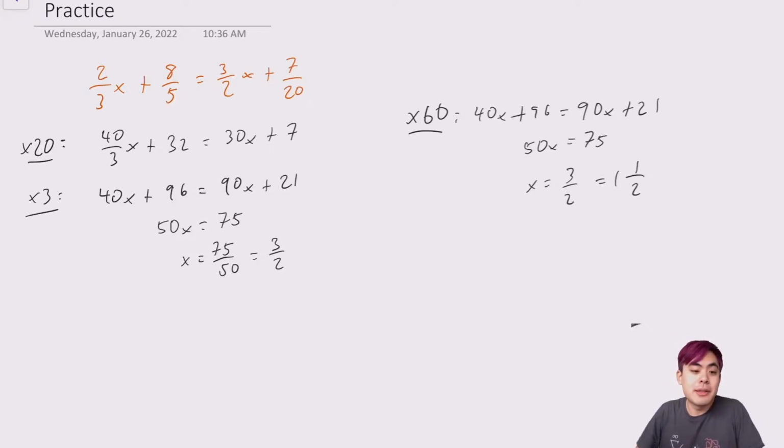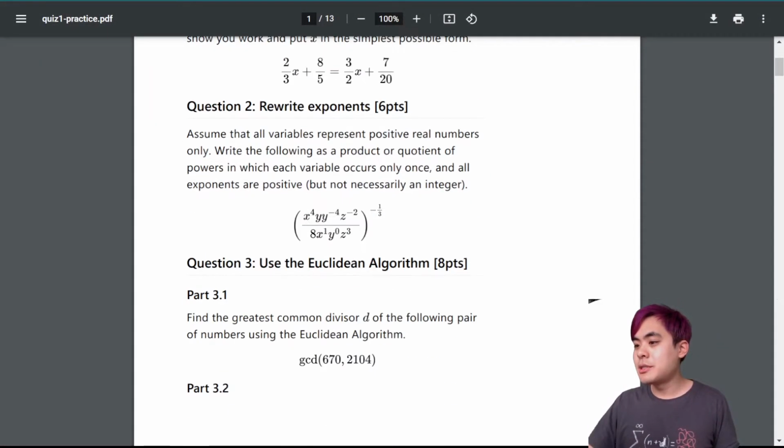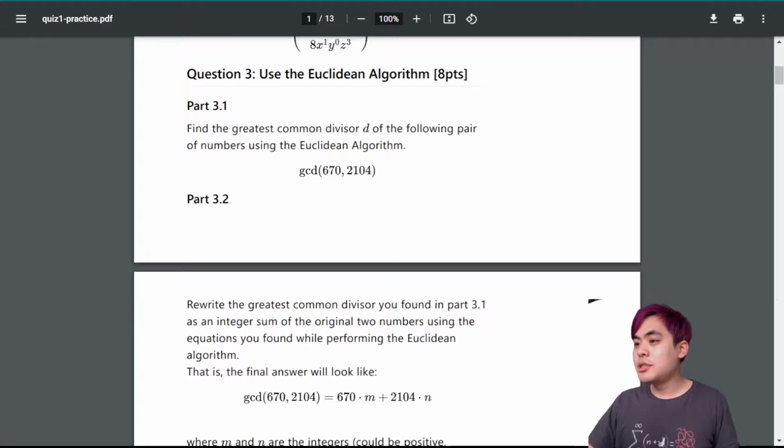If we have our own methods for solving these kinds of problems, would that be okay so long as we show our work and get the same answer? Yes. There are many different ways of solving these. Unless I tell you, sometimes I will tell you to use a particular method. So for example, on the practice quiz, I said something like, use the Euclidean algorithm.